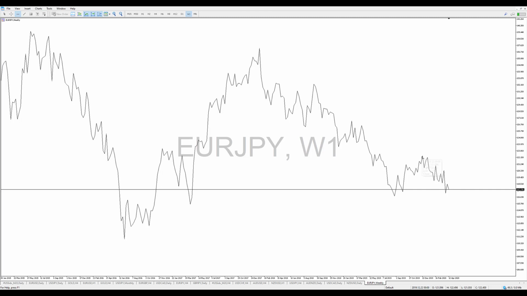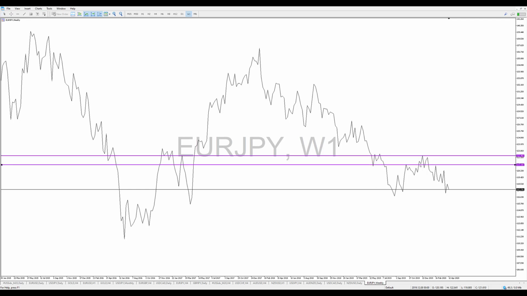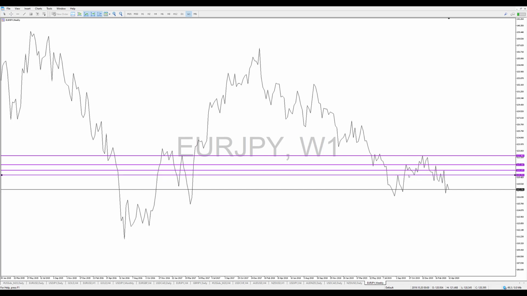We're going to start marking the peaks. We've got one here. I've got a purple line. Then I'm going to copy that line again and mark out. You see we've got a peak here, a peak here, and then another peak here, and then another one here.